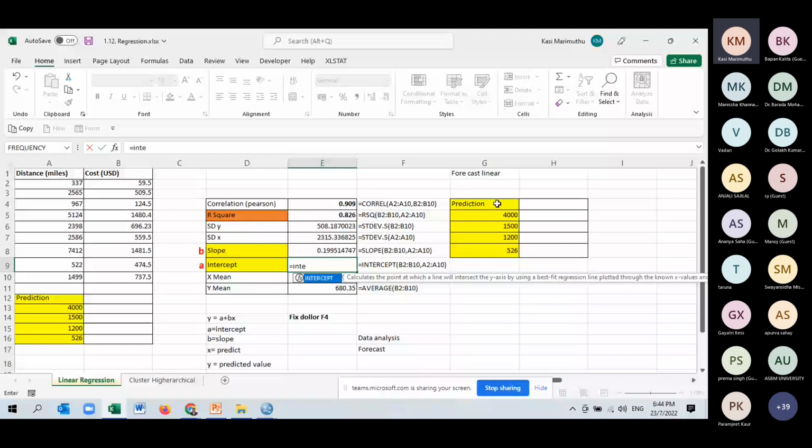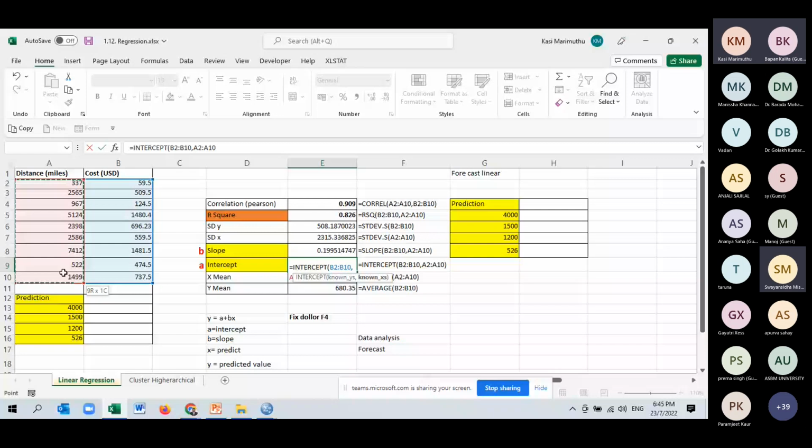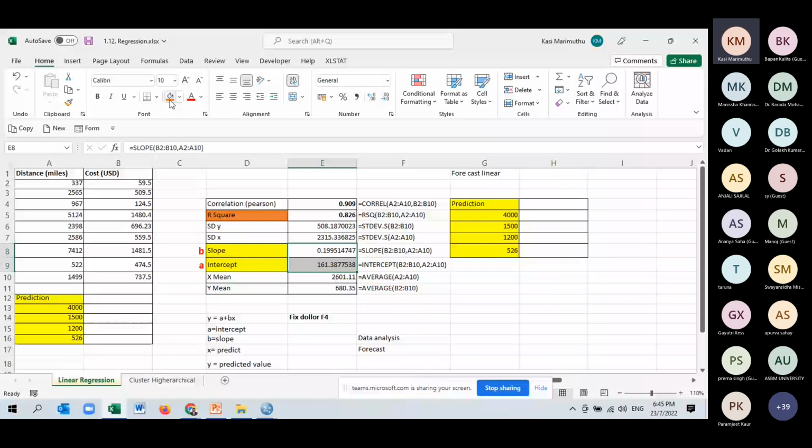Intercept also needs your y variable, comma, the x variable. Participants, do you all follow me? Yes, sir. Okay. So enter. So we calculated A, we calculated B. We have calculated A and B, which is needed for our equation.